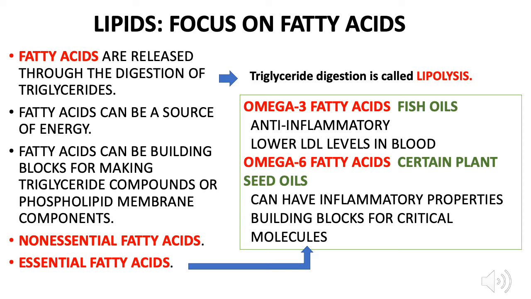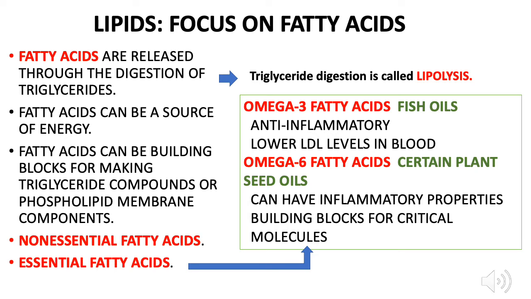Let's take a look at two basic categories of fatty acids. There are non-essential fatty acids and essential fatty acids. The basic difference between the two is that non-essential fatty acids can be constructed in our own bodies from other molecular components. In other words, non-essential fatty acids do not have to be present in our diets in order for us to benefit from them.